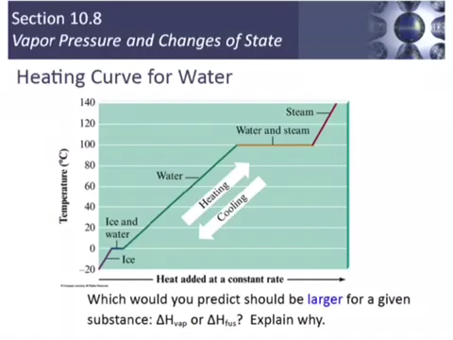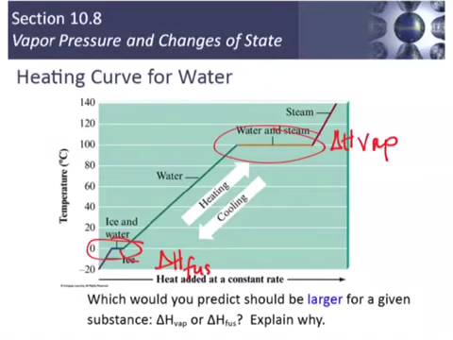So here's a heating curve for water. The question is, which would you predict should be larger for a given substance, the delta H of vaporization or the delta H of fusion, and why? So you need to figure out where is fusion and where is vaporization. So here is your delta H of fusion, while here is your delta H of vaporization.